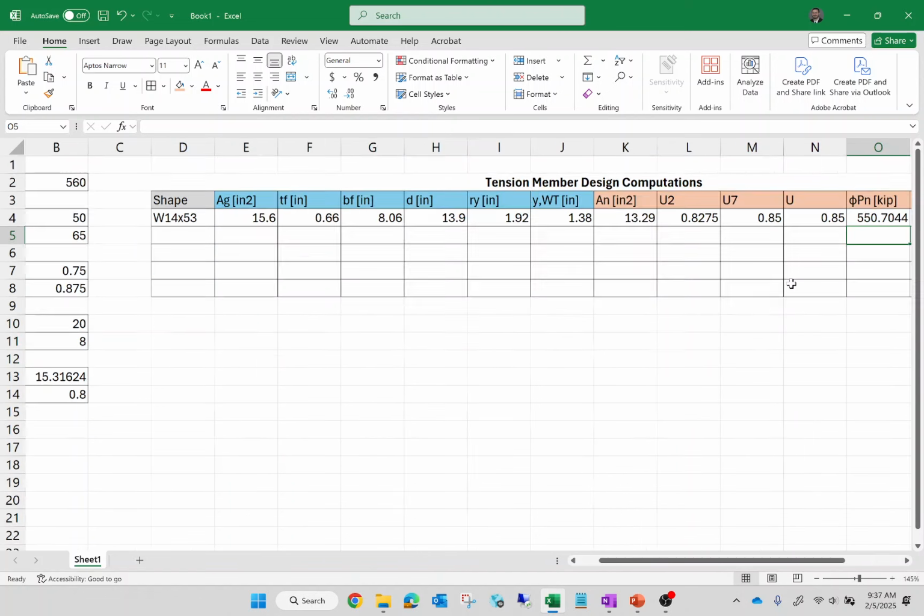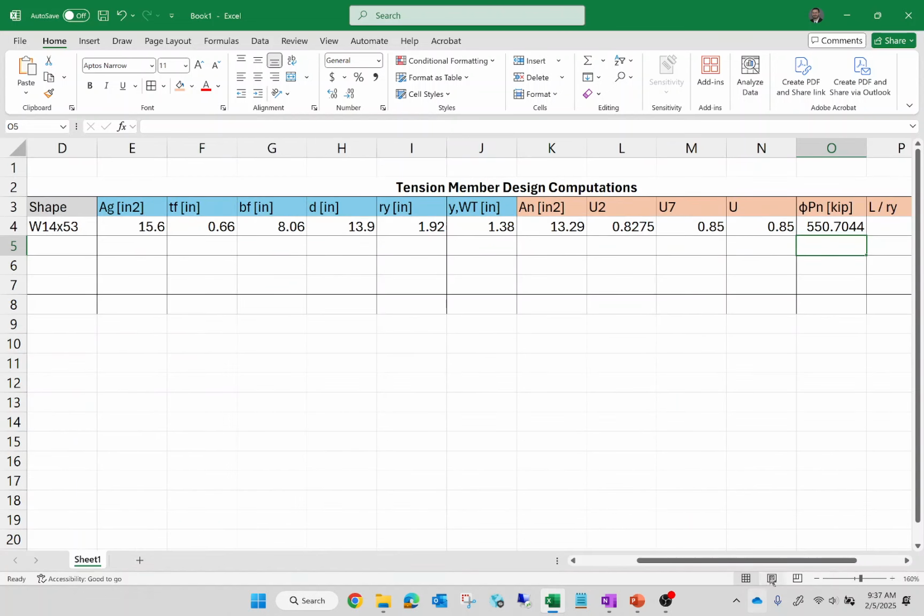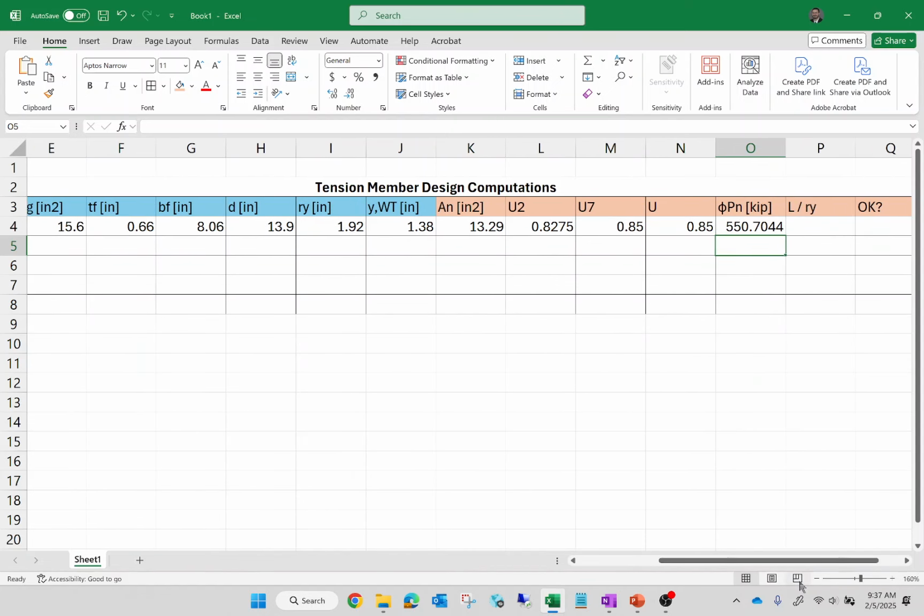Did everybody get the same value I got? Anybody have any observations about this value? Yeah, what was the load again for this problem? So is this section good? Is this a good section?